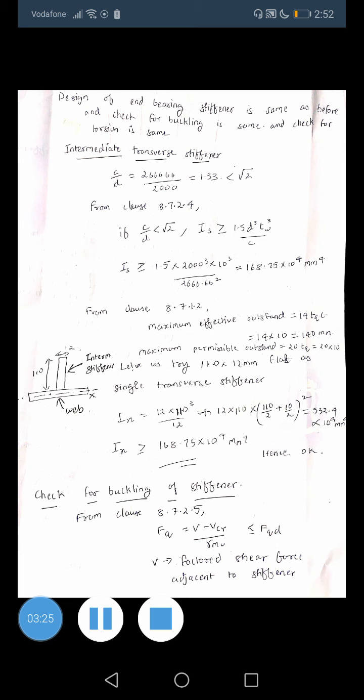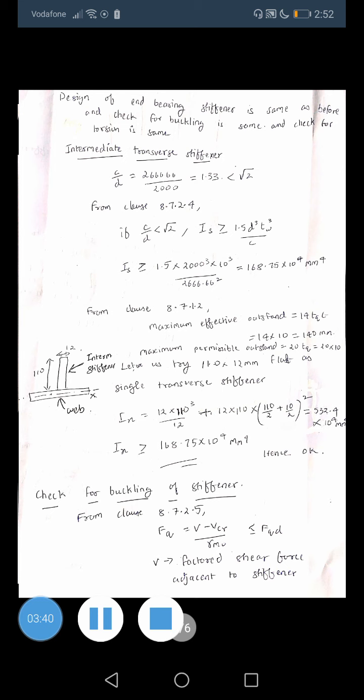Okay, now I have shown in the diagram. Now you need to calculate IS. Now IS, as we have done in the previous question, it is IX. So how do you calculate IX? The XX axis passes through the center of the web. So you have to calculate moment of inertia about XX axis.